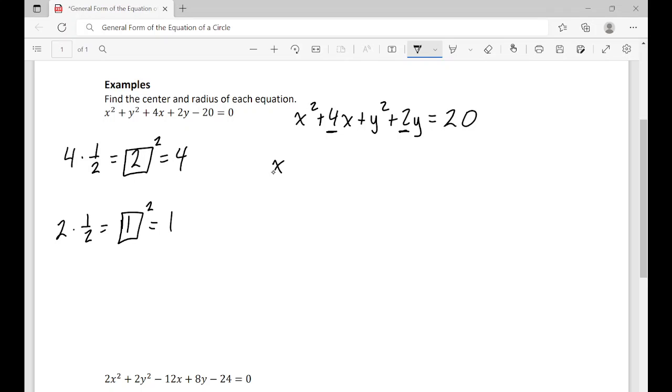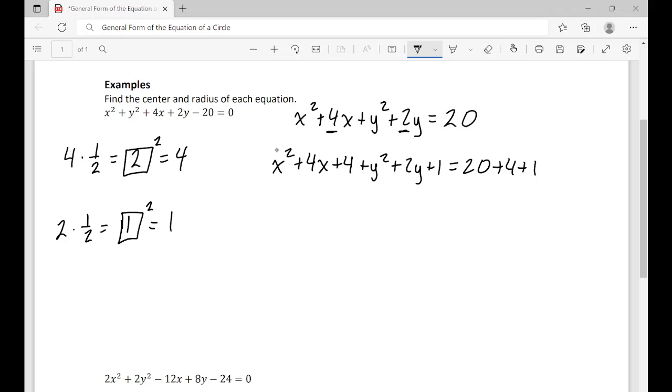So x squared plus 4x, and this is where I'm going to take 4, so plus 4 here, plus y squared plus 2y, and now I'm going to add 1. It's going to equal 20 plus 4 plus 1. So now I add the 4 and the 1 over here.